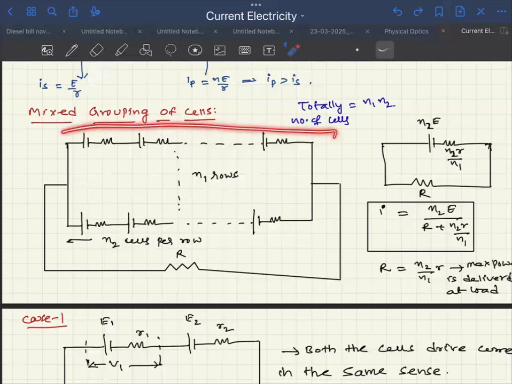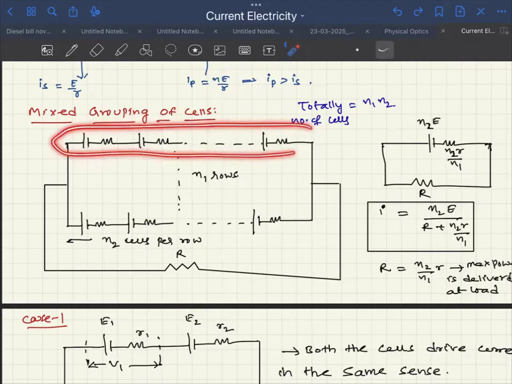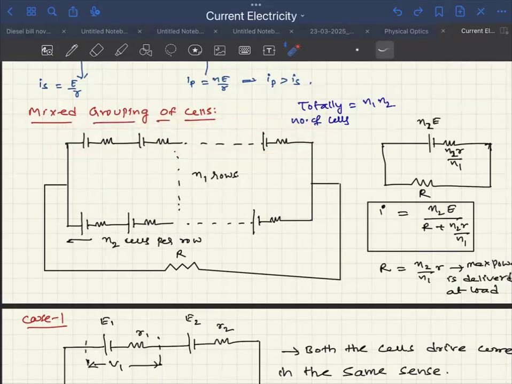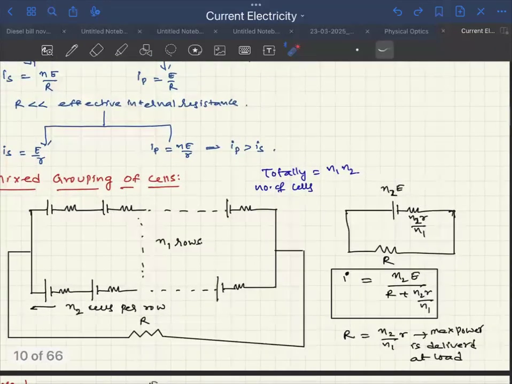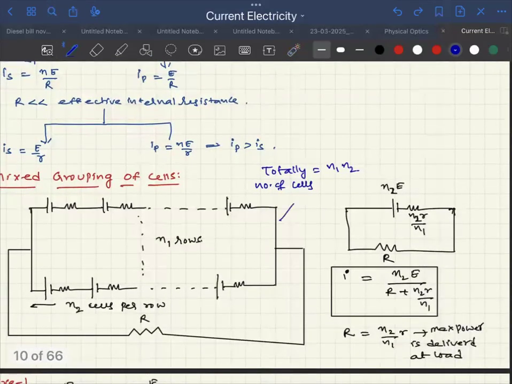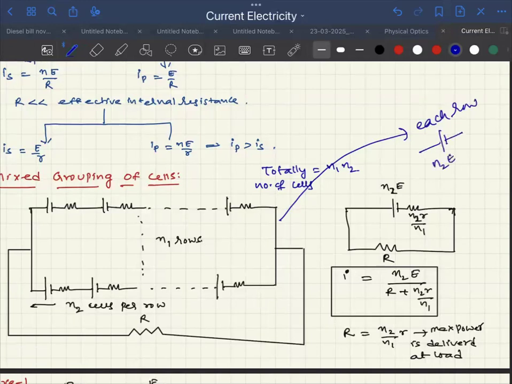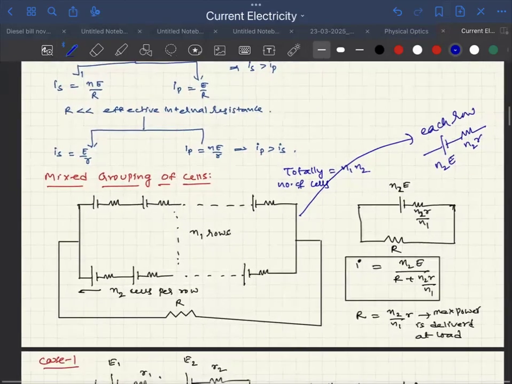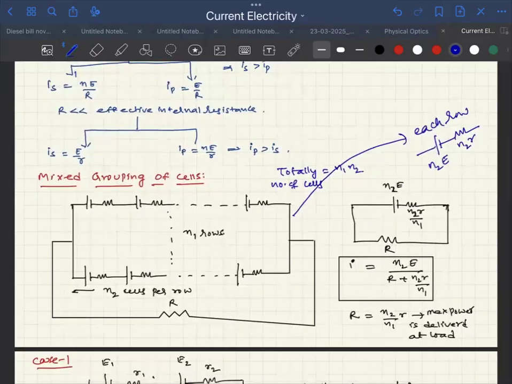Now, if all this is in one box, what is the effective EMF? Very simple. Each row behaves as a single source of EMF N2E, and total row resistance is N2 small r. There are N1 such rows.